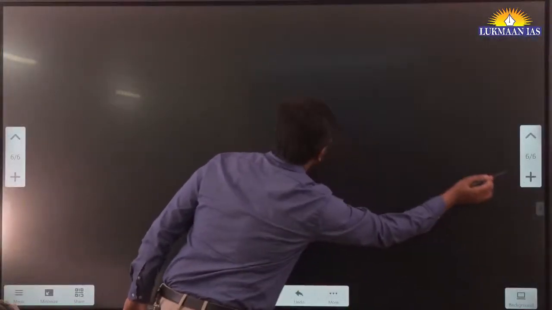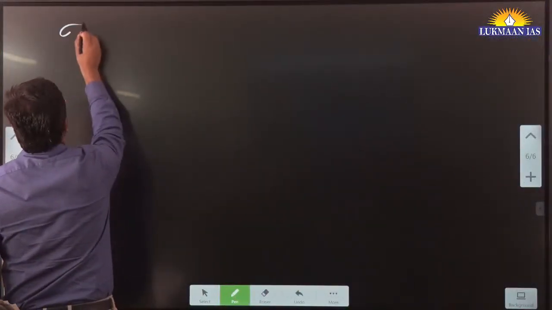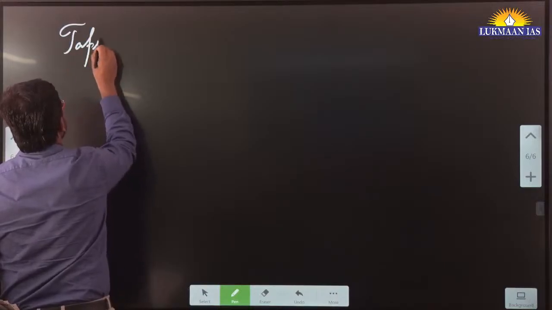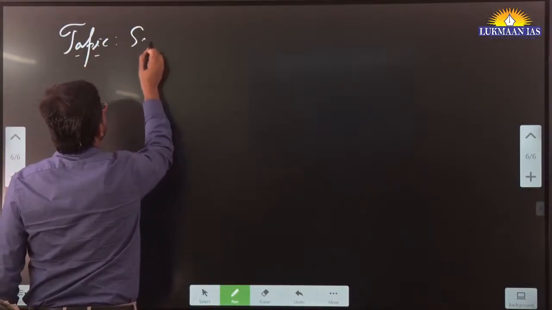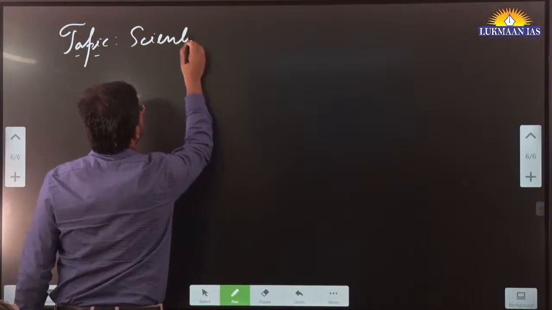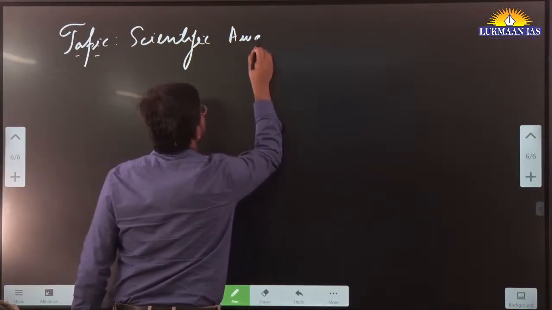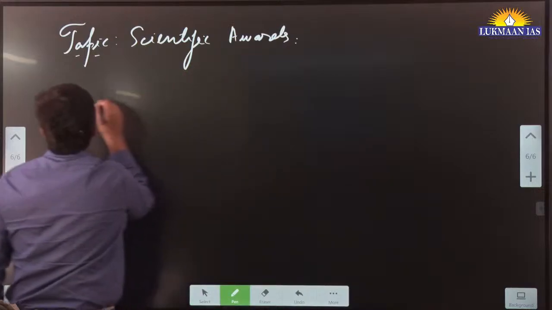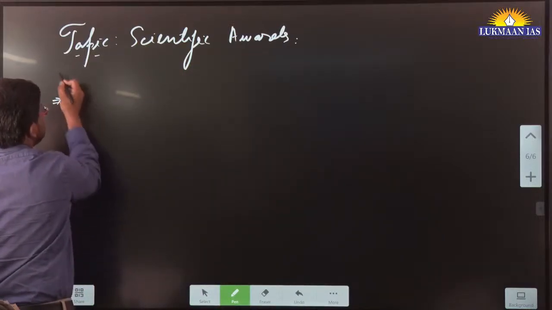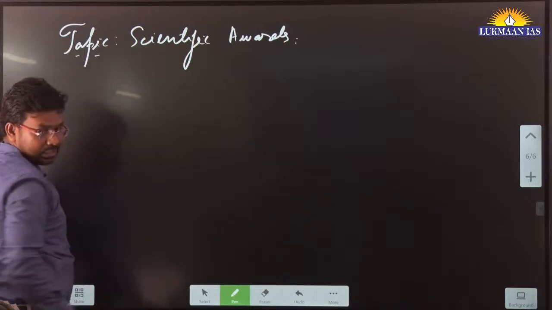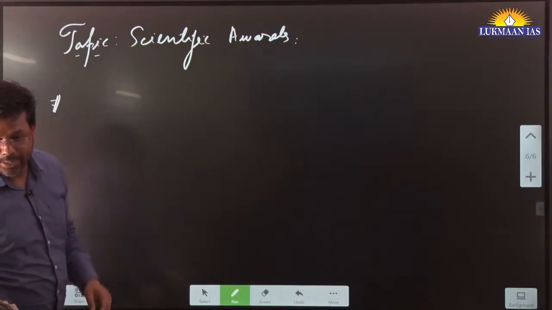So we are going to study about scientific awards. They have named these awards Rashtriya Vigyan Puraskar.